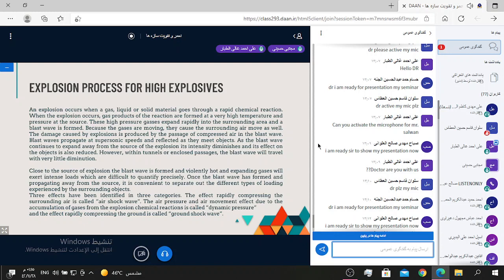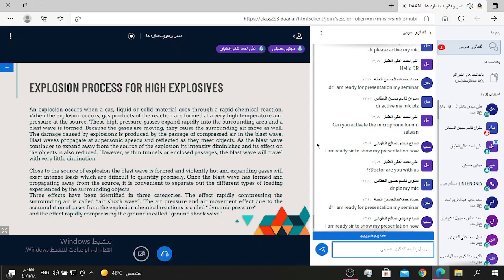The damage caused by explosions is produced by the passage of compressed air in the blast wave. Blast waves propagate at supersonic speeds and are reflected as they meet objects. As the blast wave continues to expand away from the source of explosion, its density diminishes and its effect on the objects is also reduced.